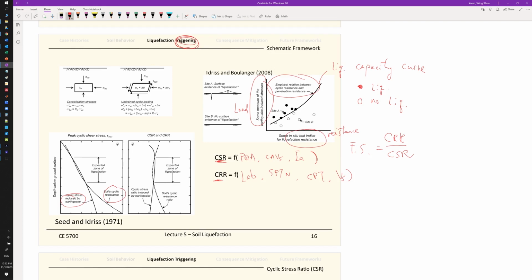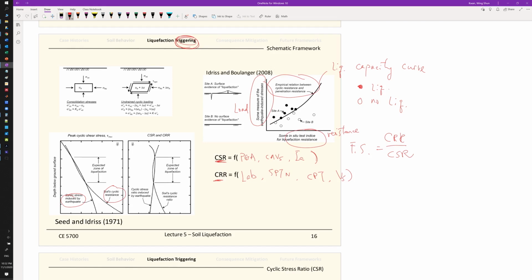We will talk about the specific CPT and SPT capacity curves. But you can establish a site-specific resistance curve, and then compare it with the CSR.